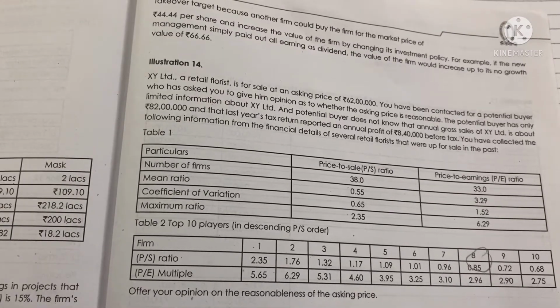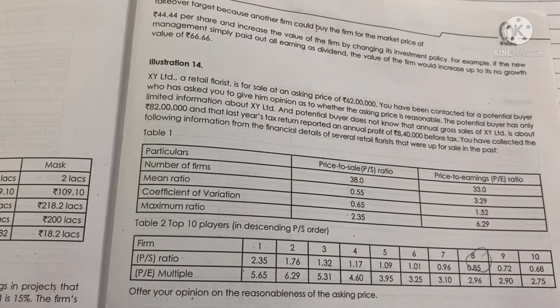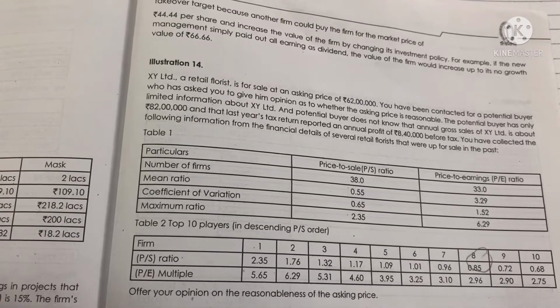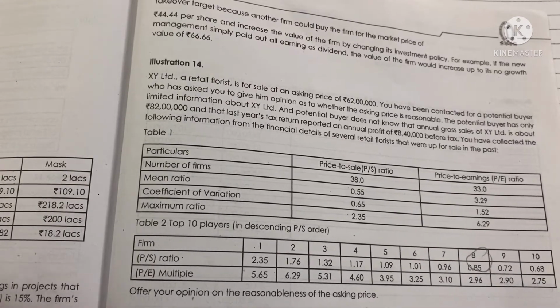The one thing you need to understand is that the price to sales ratio was considered because the dispersion was lower, the variation was lower as per the coefficient of variation ratio given. 0.65 is lower. So we have only considered the price to sales ratio as a guiding factor for all the further calculation.